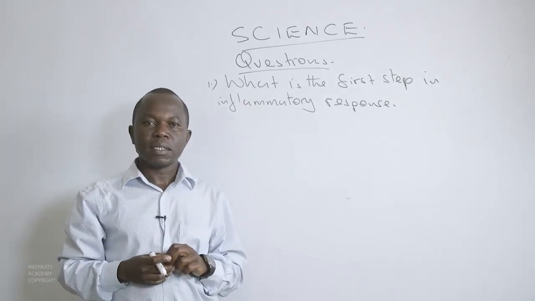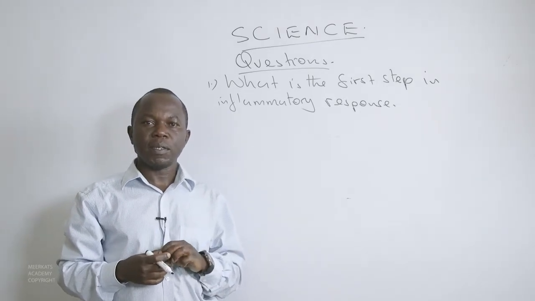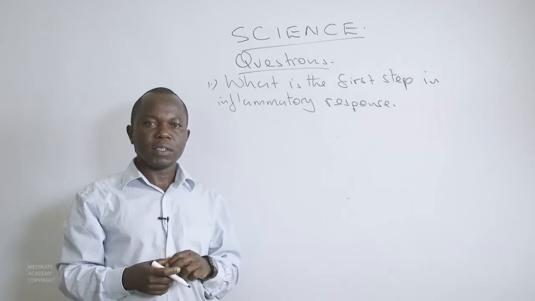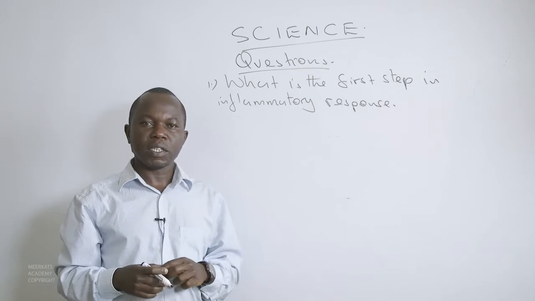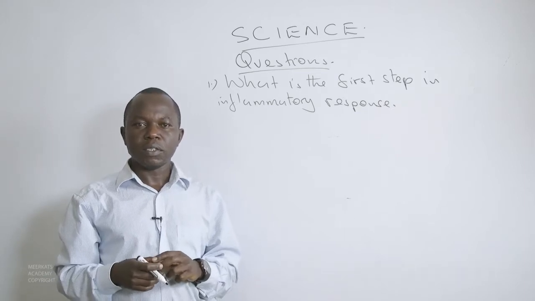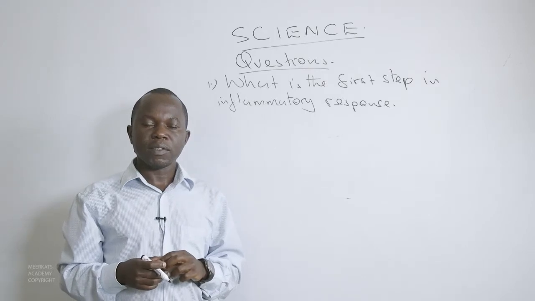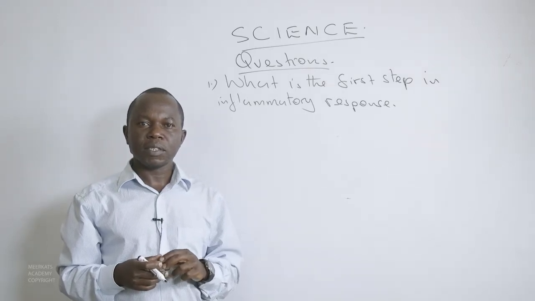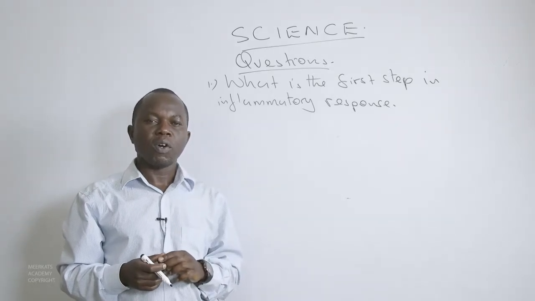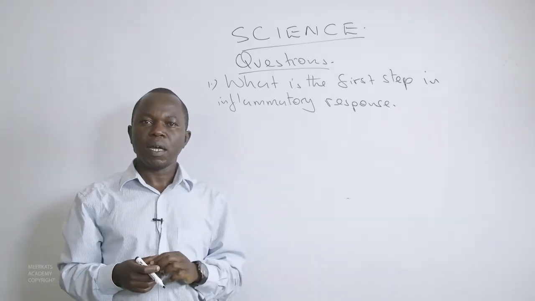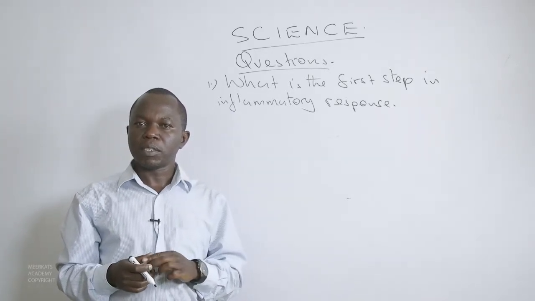So we said that once the body is exposed to harmful stimuli like a pathogen, an irritant, an allergen, something that will cause an allergic reaction, the cells or tissues have what you call receptors. Those receptors will recognize those molecules or the harmful stimuli, and in the process are going to release immune cells.